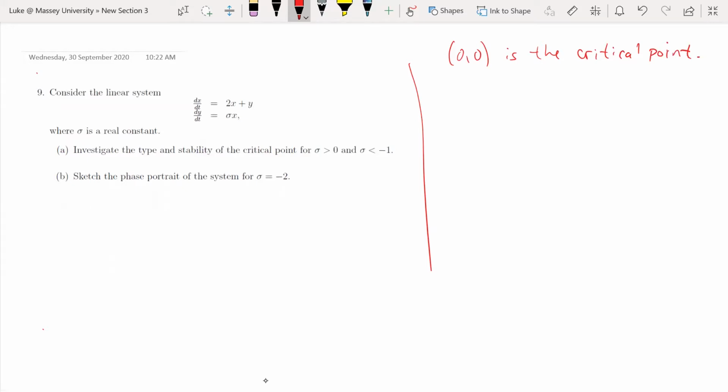Let's then write this in matrix form. So x prime is equal to A times x, where x is equal to (x, y). My matrix A is 2, 1 in the first row, sigma, 0 in the second row.